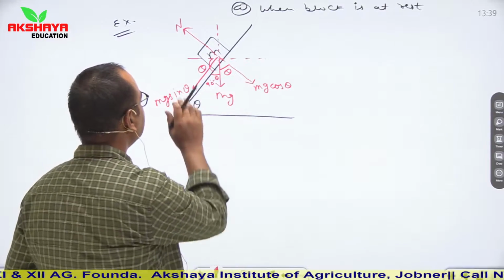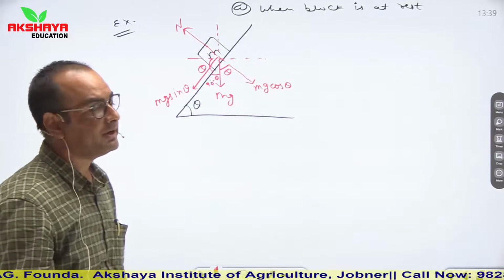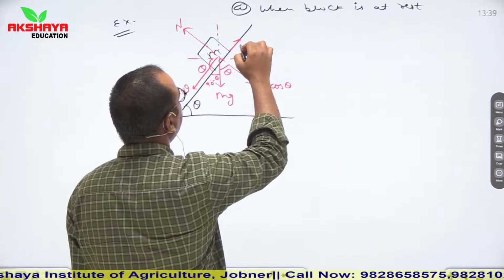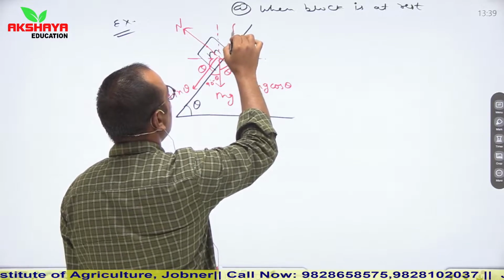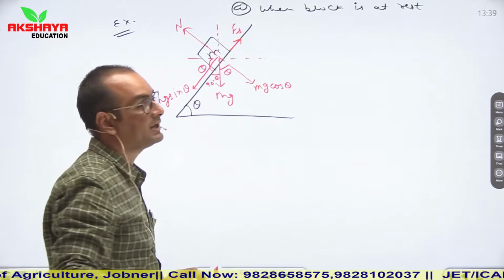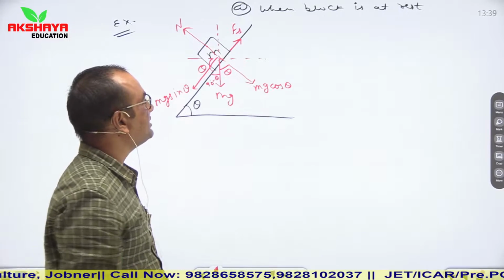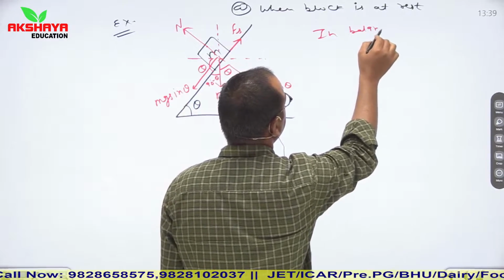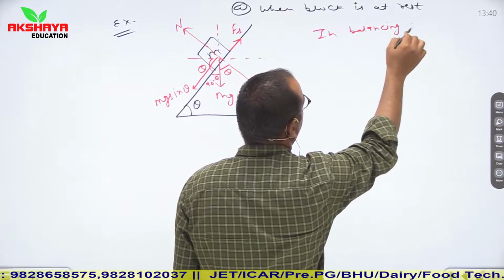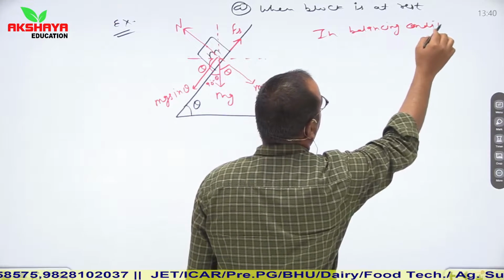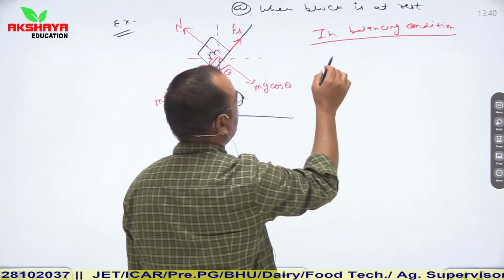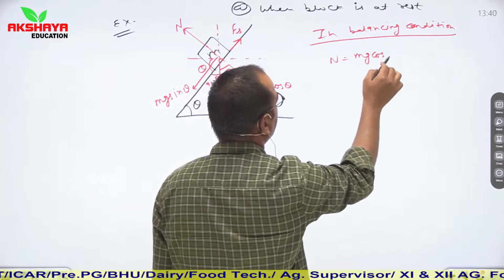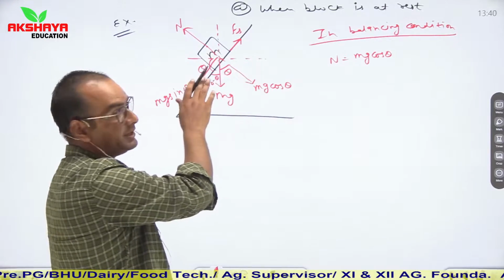Concept of friction, it means this object is at rest. It means there is a force of friction in backward direction which is holding this object at rest. So now in balancing condition, this normal force is balanced by mg cos theta, and here it is at rest.